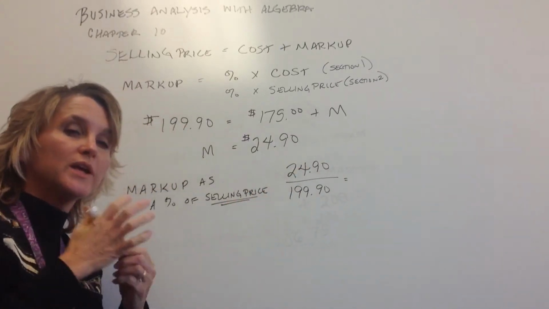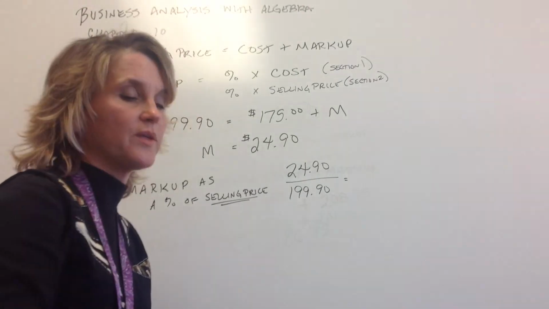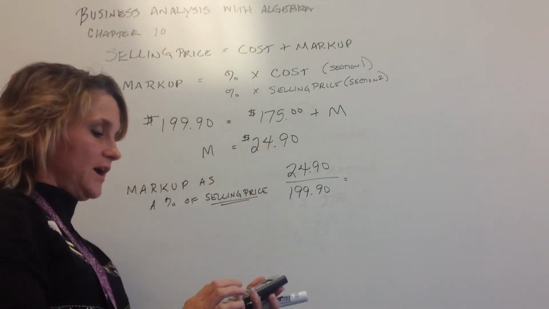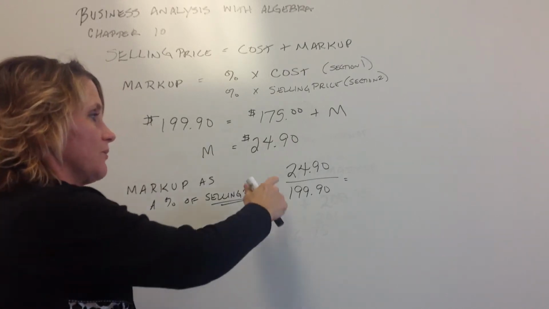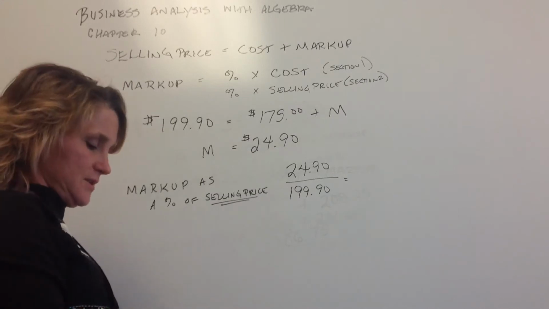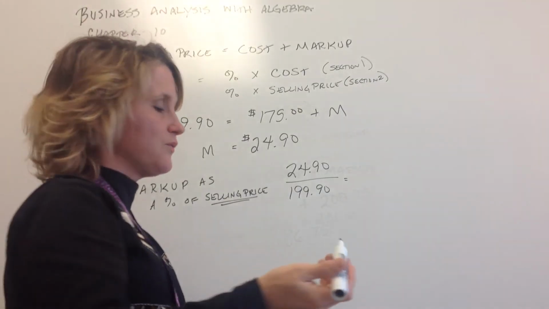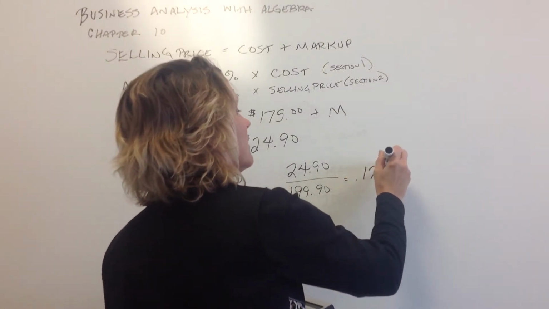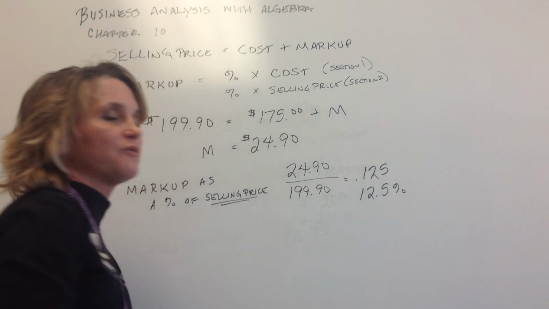So just again, read it carefully and let it tell you what to divide by, because that's what students will struggle with. They don't know which way to divide and which one to divide by. So it's basically telling you. My markup divided by my selling price will give me this markup as a percent of selling price, and that gives me 0.1245, or we can round that to 12.5%.